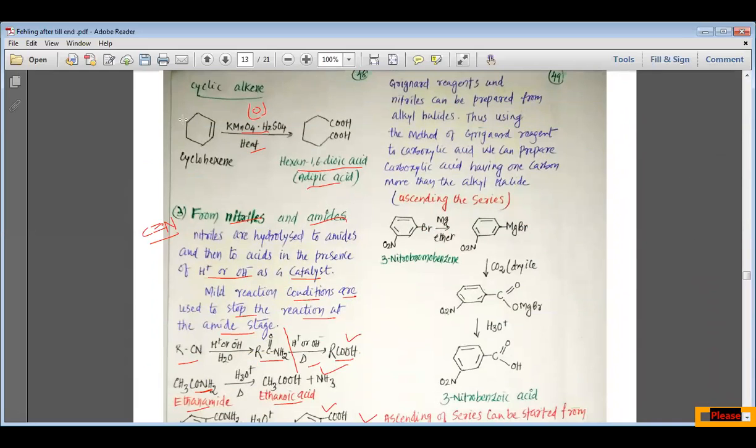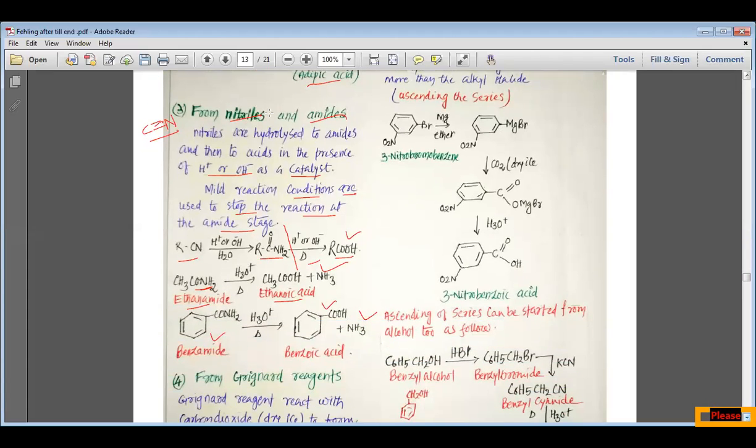Same thing if we have cyclic alkenes. In a cyclic alkene, the double bond is broken and both the carbons are converted to carboxylic acid groups, and this is how from cyclohexene we can get hexane-1,6-dioic acid, which is known as adipic acid. Even from nitriles, my dear students, we can prepare carboxylic acid.